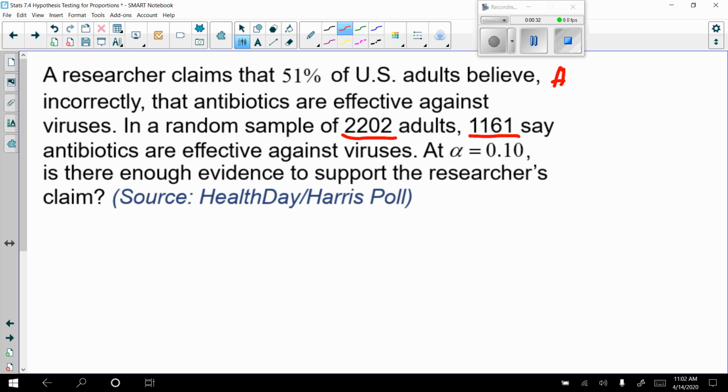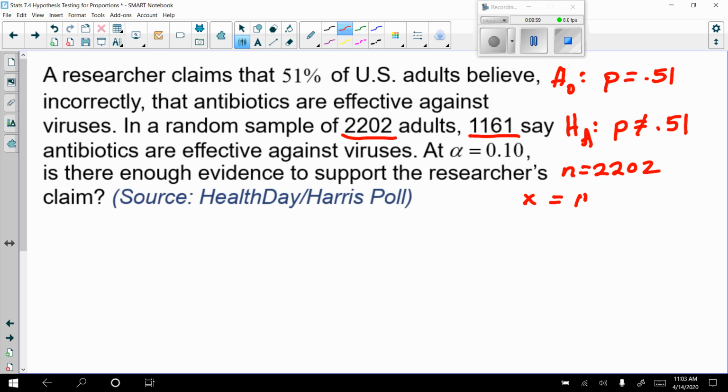So we need a null hypothesis and an alternate. We want to be able to reject the claim of 51%. So P equals 0.51, and then the alternate hypothesis would be P is not equal to 0.51. N is 2,202 and our X is 1161.